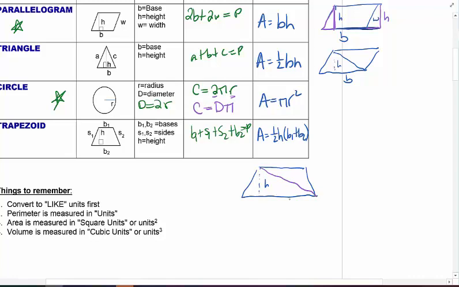Both of them have a height of h, but one of them has a base 1 and the other a base 2. So this bottom triangle that I'm doing in orange would be 1/2 the height times base 2. The top triangle in this drawing would be 1/2 height times base 1. So that's where this formula comes from, where you're adding the two triangles together in the parentheses.